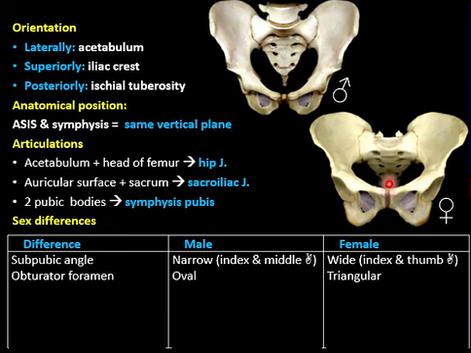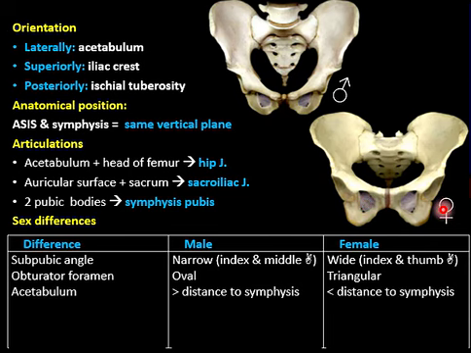The second difference is the shape of the obturator foramen. In the male, it's oval. In the female, it is large and triangular. Regarding the size of the acetabulum, since the joints are larger in the male, the diameter of the acetabulum is much more than the distance from its anterior border to the symphysis pubis.